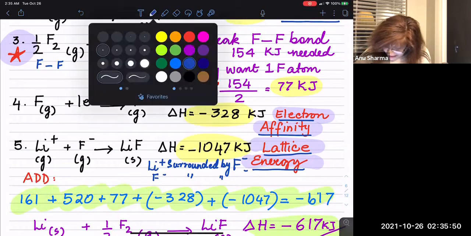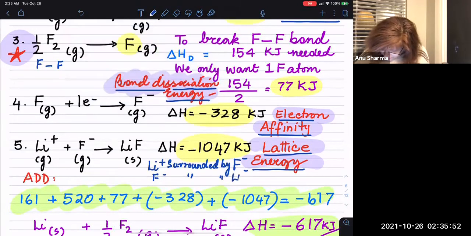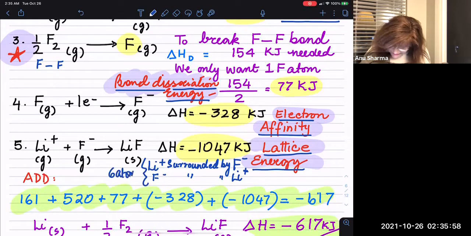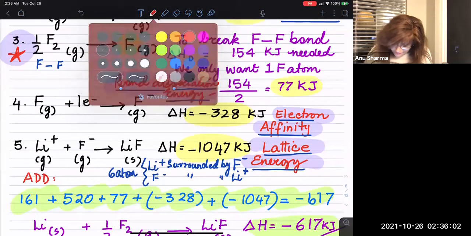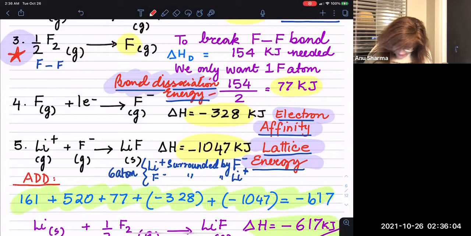Okay, and generally, as far as I know, it's 6 atoms of lithium and 6 atoms of fluorine. Next, you're going to add all these energy terms.